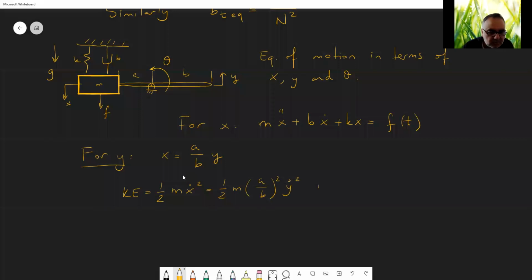So the equivalent mass for y is m times a squared over b squared. The potential energy is similarly 1 over 2 k x squared, which is 1 over 2 k (a over b) squared y squared.